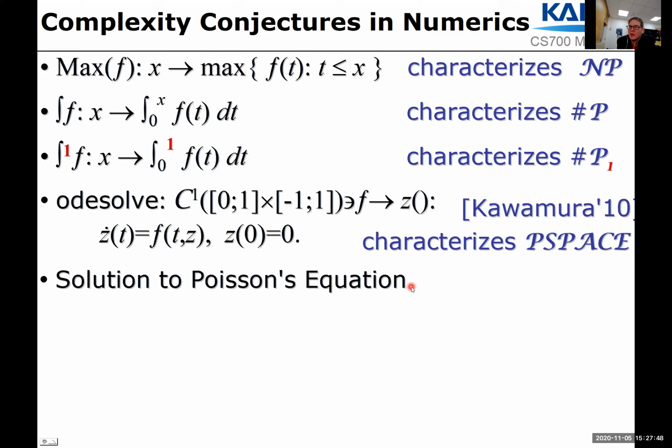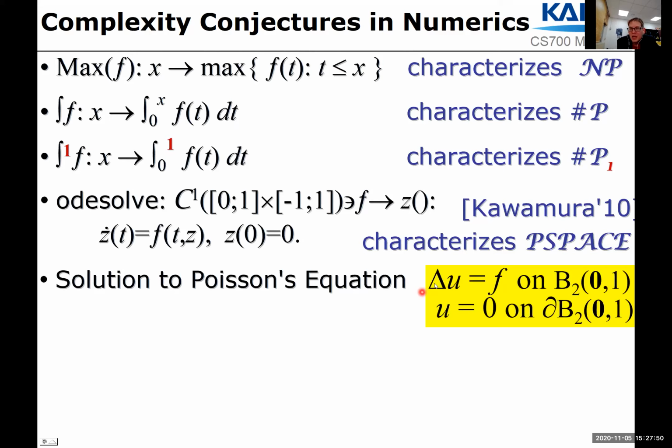So Poisson's equation, a partial differential equation, is this equation. Here you see the Laplace operator, the sum of second spatial derivatives on the left-hand side, which must equal a given inhomogeneity f on the right-hand side, which is supposed to be polynomial time computable.